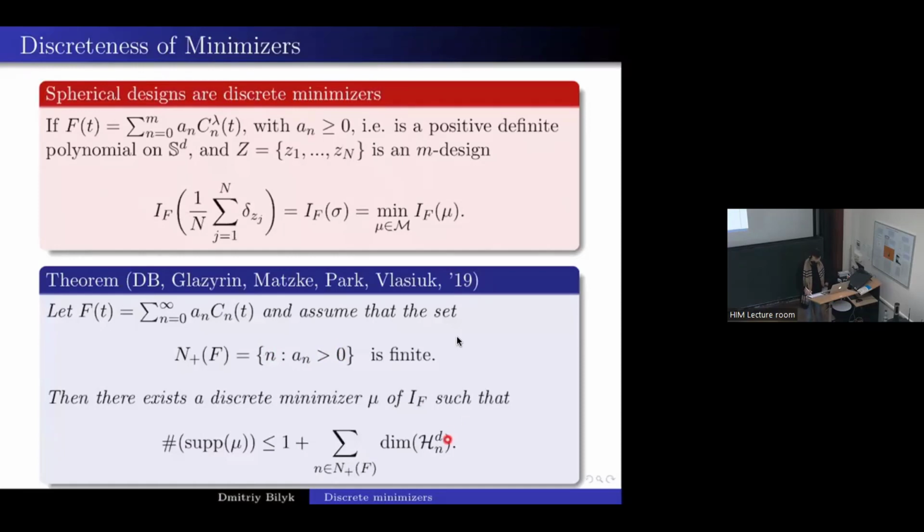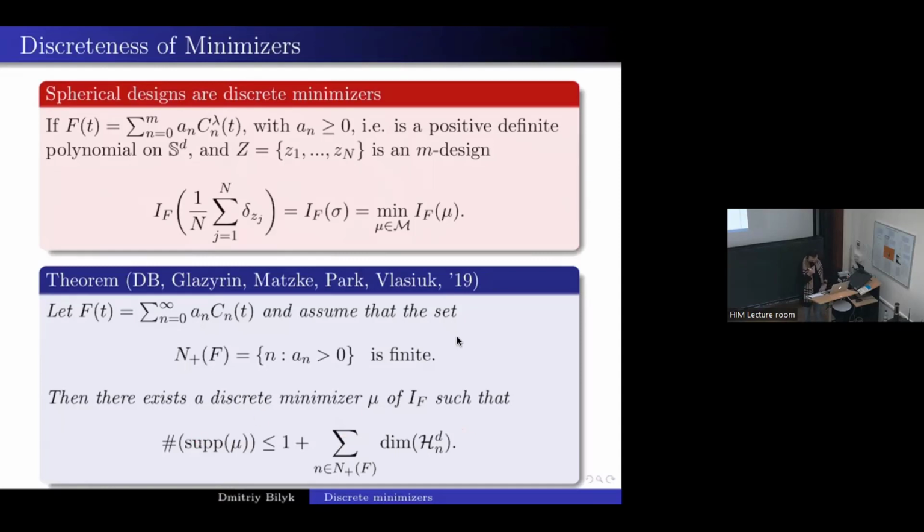So this is the dimension of the space of spherical harmonics corresponding to those degrees. In this case, there's of course no guarantee that the measure will have equal weights. It could have arbitrary weights at different points, but there will be discrete minimizers with this bound on support.